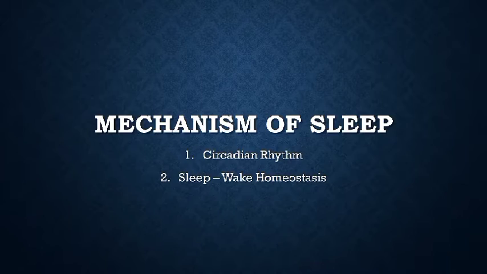Now there are two mechanisms of sleep. They are called the circadian rhythm and the sleep-wake homeostasis. The circadian rhythm is a mechanism that controls a variety of functions in the body, ranging from our daily fluctuations in wakefulness to our metabolism, the release of some hormones, and also our body temperature.